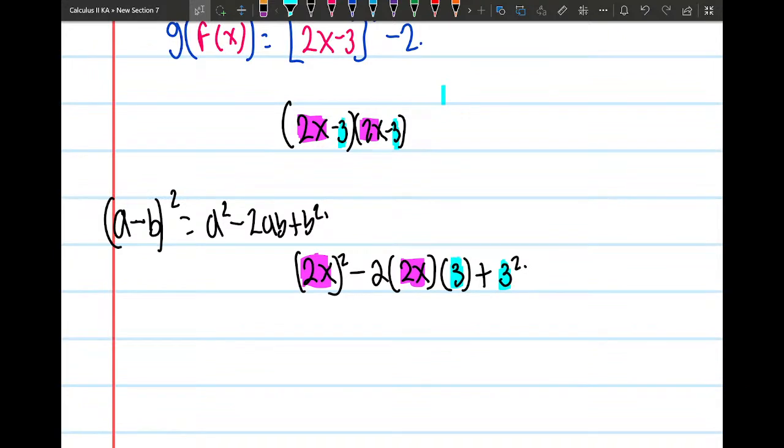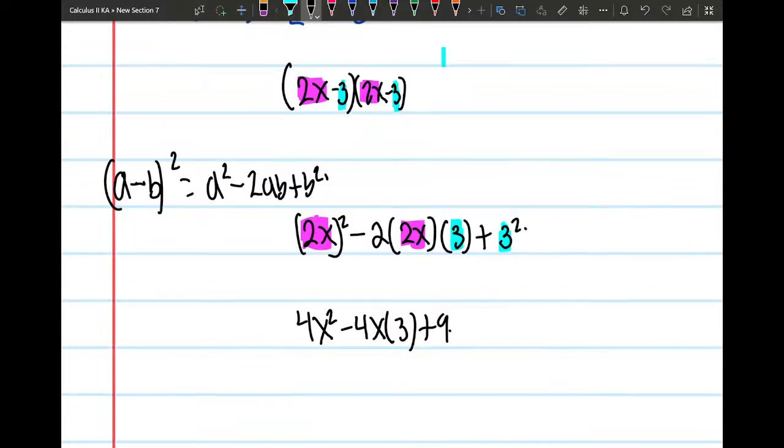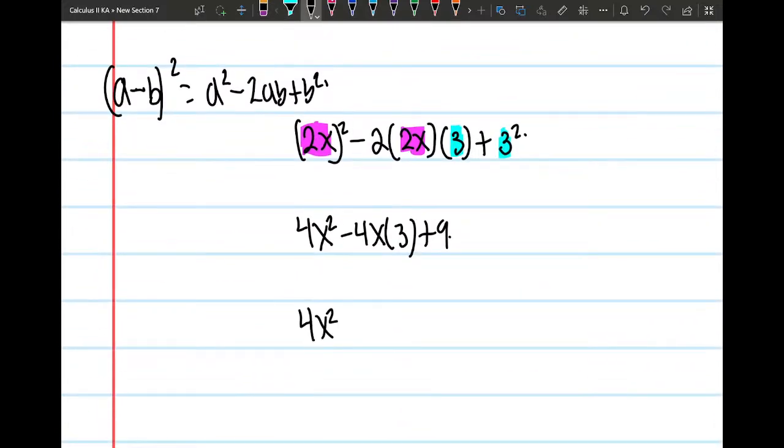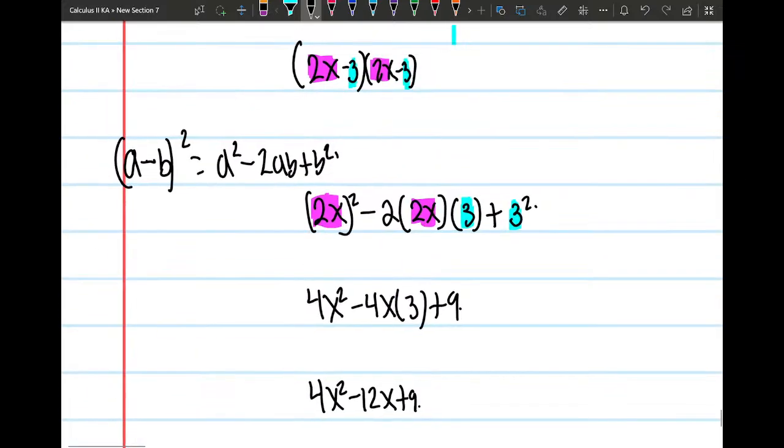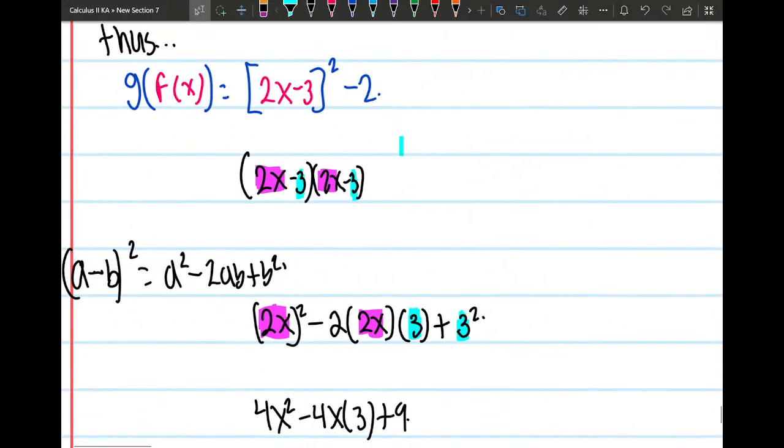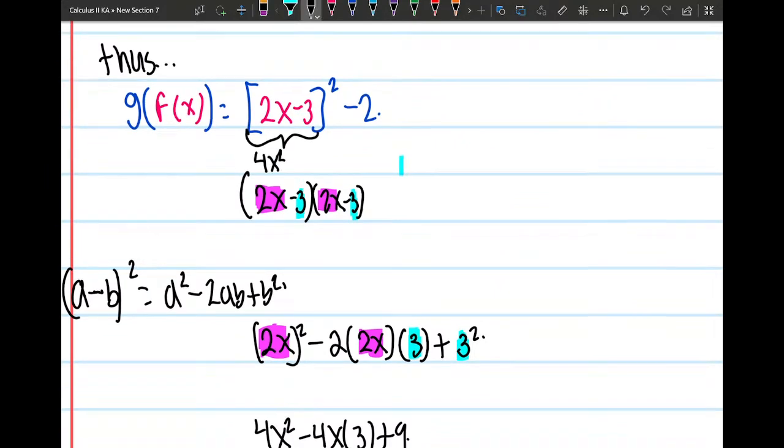Okay. So then this becomes 4x squared minus 4x times 3 plus 9. And then finally we get 4x squared minus 12x plus 9. So this part is 4x squared minus 12x plus 9.